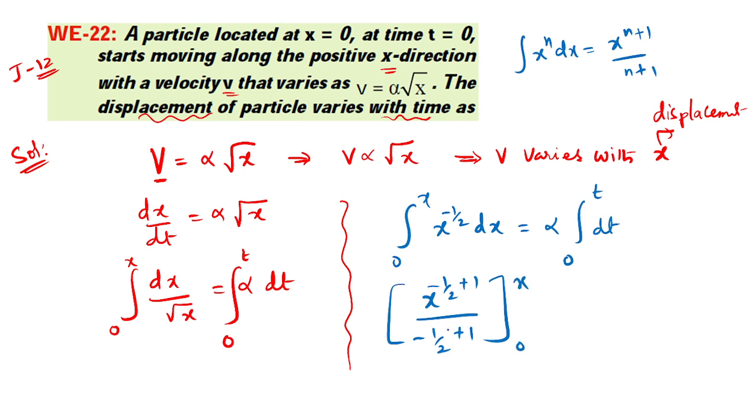On the other side, alpha into dx, integration of dt will be t, and you apply the limits from 0 to t. Got it? Now give me the answer.